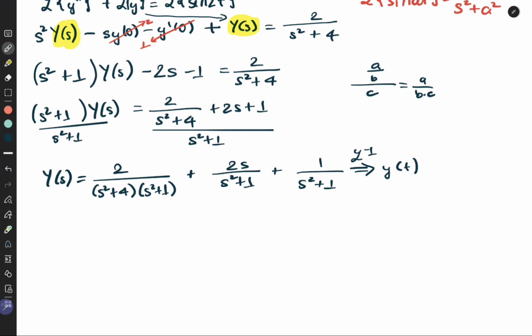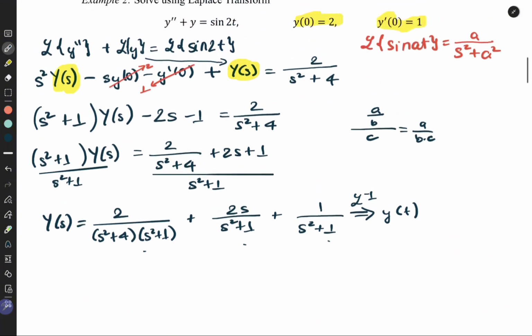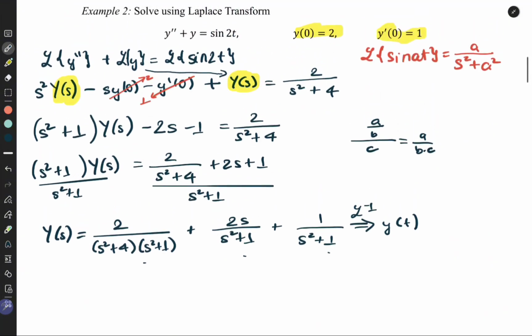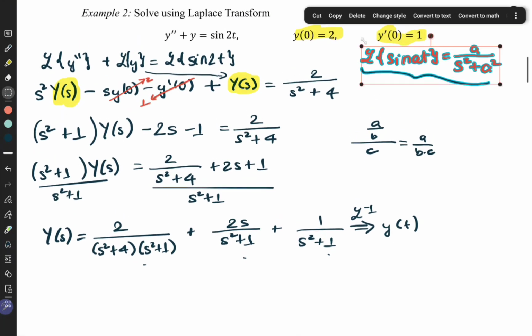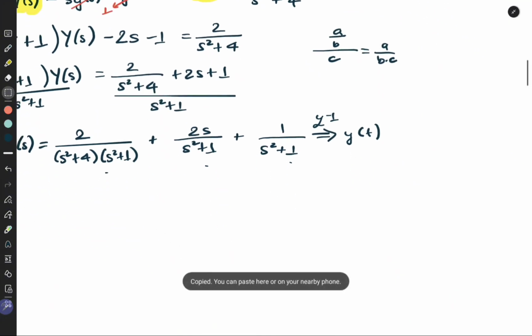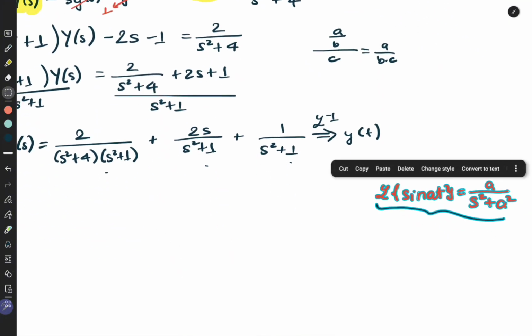Then the goal is looking for each one of them and finding any formula on the table on the handout that bears resemblance to them. Okay, and it turned out we're looking at one of them right now, right here, that one right there. So I'm gonna copy that, bring it down, and put it here.